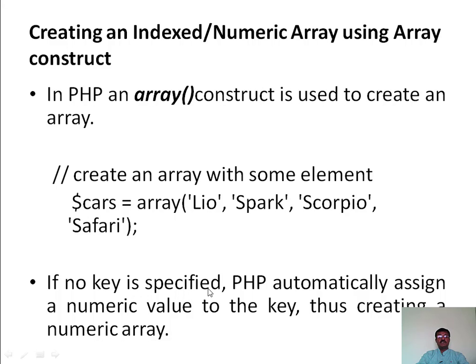If no key is specified, PHP automatically assigns a numeric value to the keys, thus creating a numeric array. This is how we can create a numeric or indexed array by using the array construct.